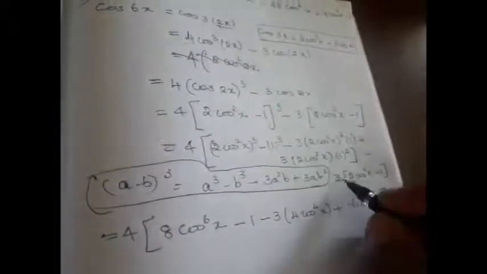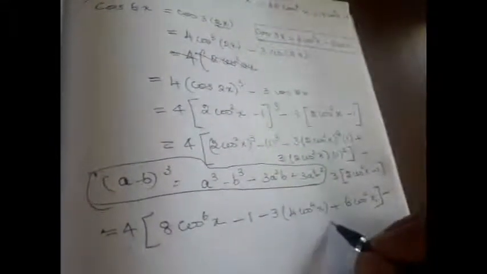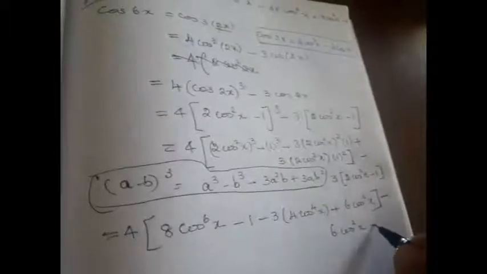All these terms have 4 multiplied by them, remember. Minus, I am going to remove this bracket. 3 2s are 6 cos square x minus 3 1s are 3.